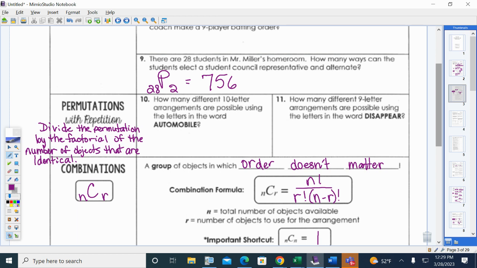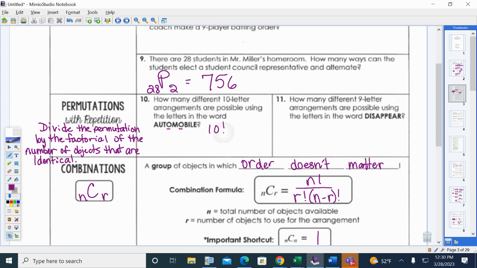This next section is labeled permutations with repetition. So when we talk about permutations with repetition, you've got to divide the permutation by the factorial of the number of objects that are identical. So in number 10, how many different 10-letter arrangements are possible using the letters in the word automobile? In the word automobile, you've got O's that repeat themselves. There are 10 letters in the word automobile.